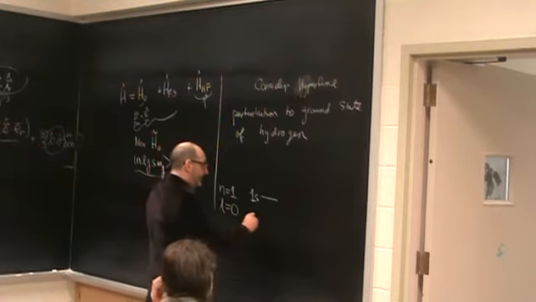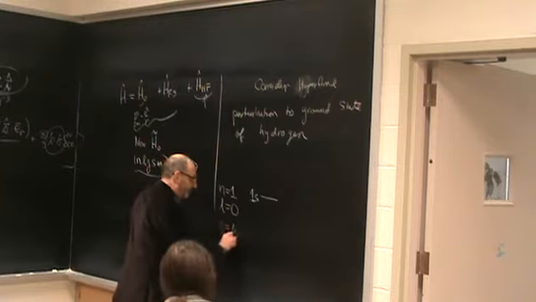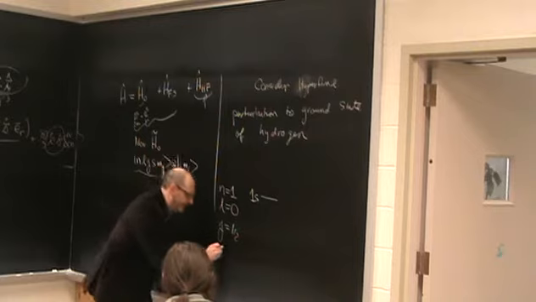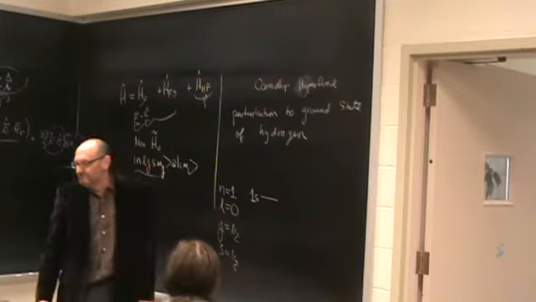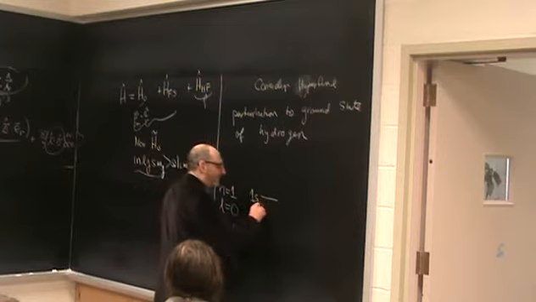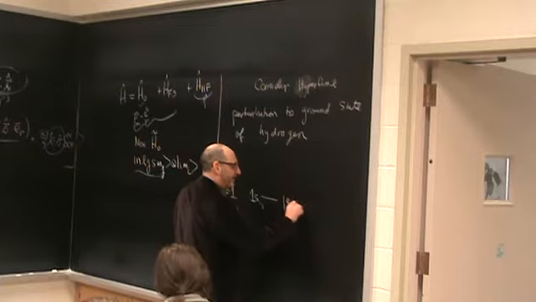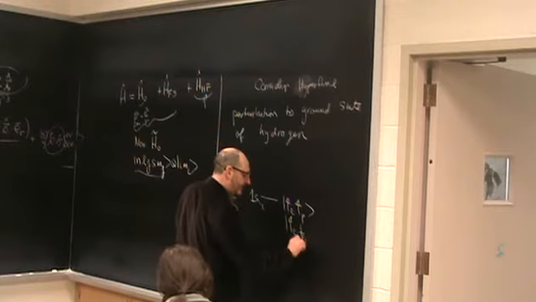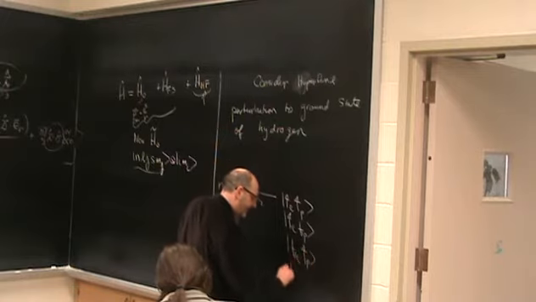Because L is 0, S is a half, and J is a half, there's only one possible value of J. The Mj values are actually the Ms values in this case. So for the 1s 1/2, we have 4 states: up electron, up proton; up electron, down proton; down electron, up proton; down electron, down proton.